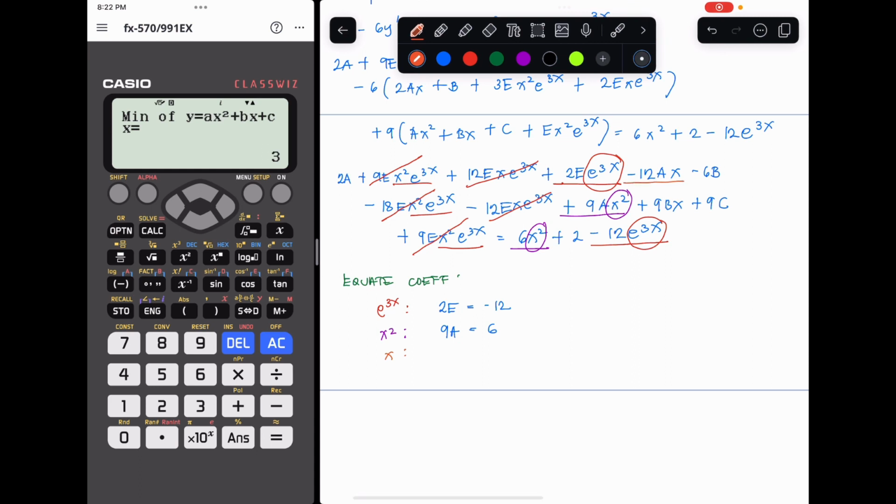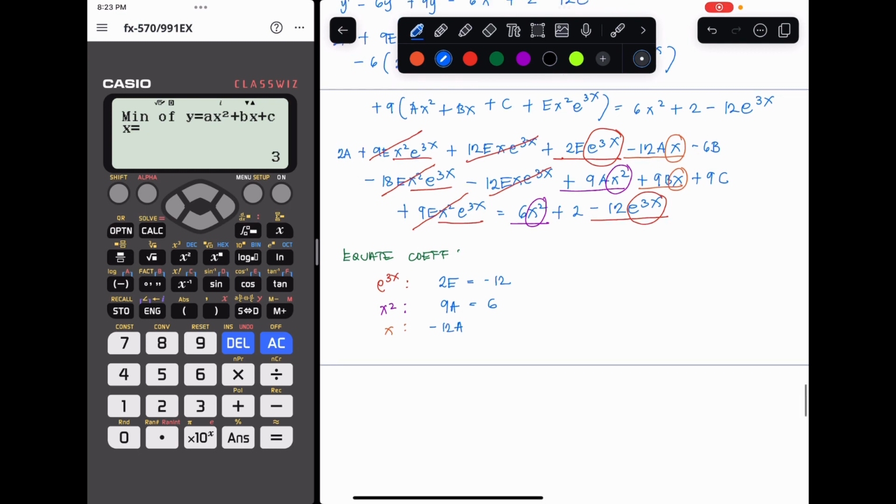We have this one, 1, the second one, and we don't have it on the right hand side. So it will just be negative 12a plus 9b is equal to 0. So negative 12a plus 9b is equal to 0.